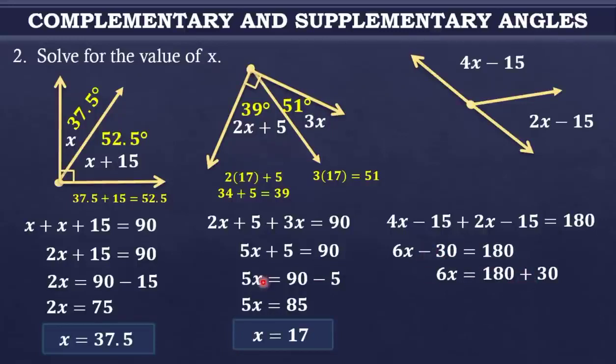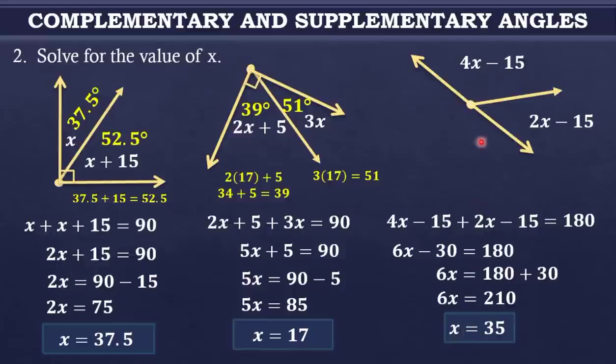So, again ha, we always change the sign. Okay? So, plus, minus, minus, plus. So, we have 6x is equal to 180 plus 30. That is 210. So, by dividing both sides by 6, so makakancel natin dito si 6 and 210 divided by 6, that is 35. So, our x is 35.